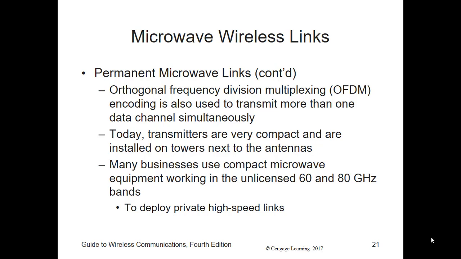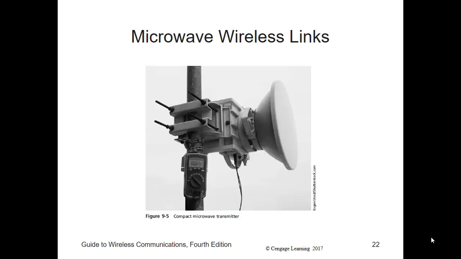Now, the main issue was signal loss between the transmitter and the antenna. Today, the transmitters are very compact and are installed on the towers right next to the antennas, which minimizes or eliminates any signal loss, and some products are available with integrated dish antennas.